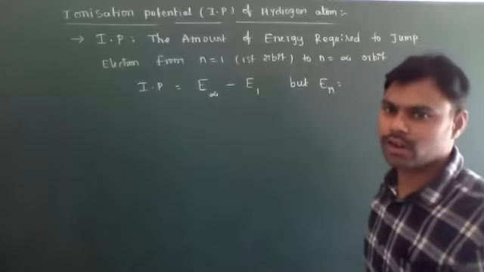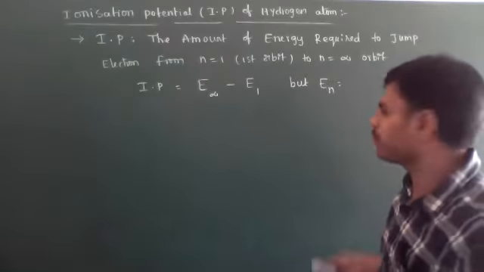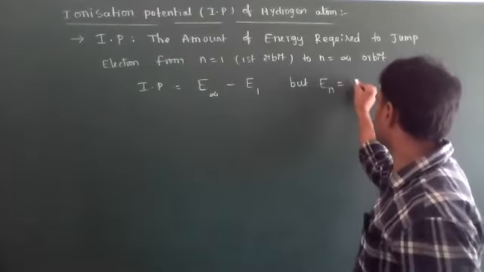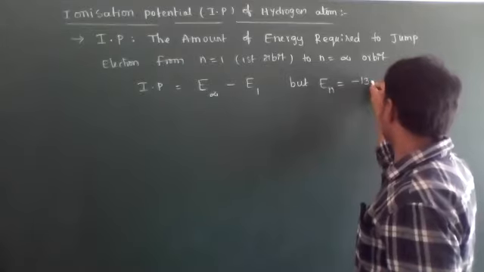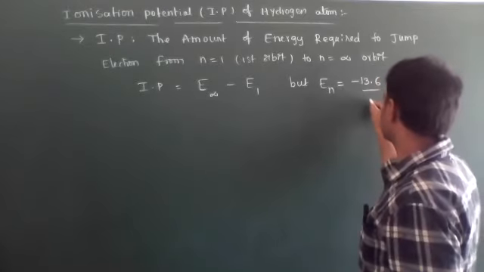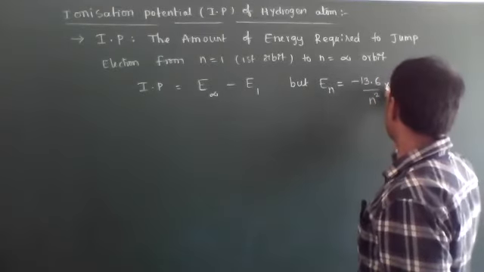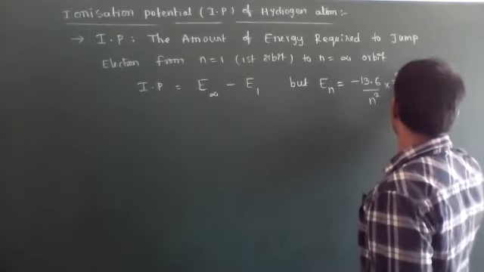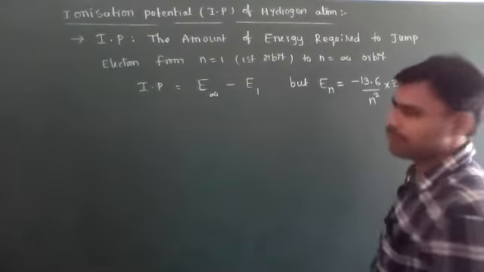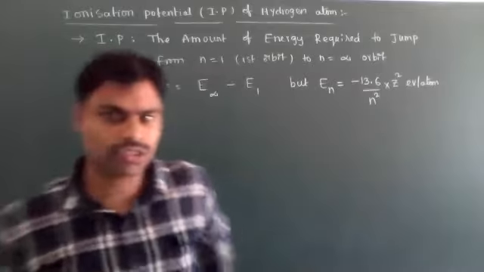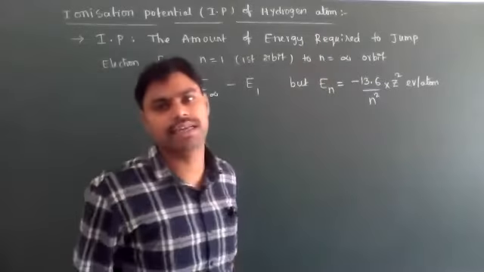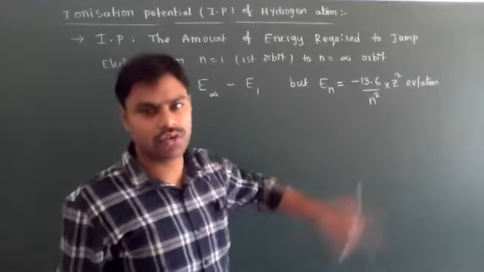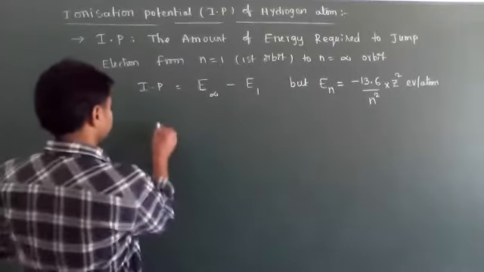Here I use electron volt per atom because it is the most important one. So directly En equals minus 13.6 Z square by n square electron volt per atom. Z value is 1 for hydrogen atom, then 1 square is 1. Now E infinity.